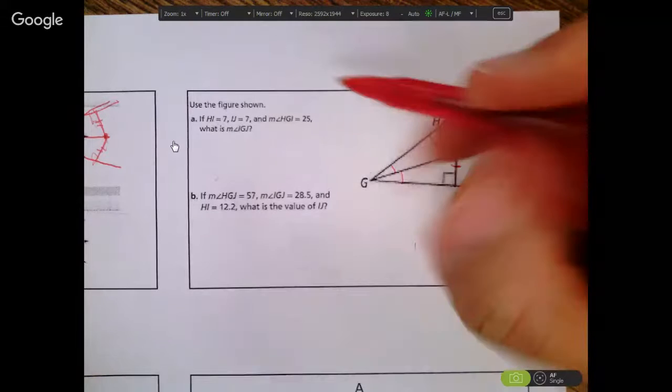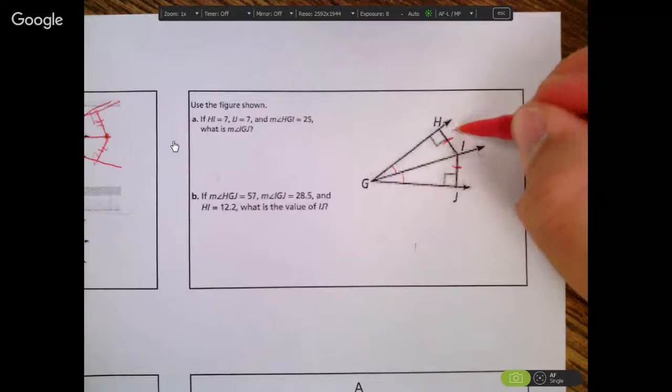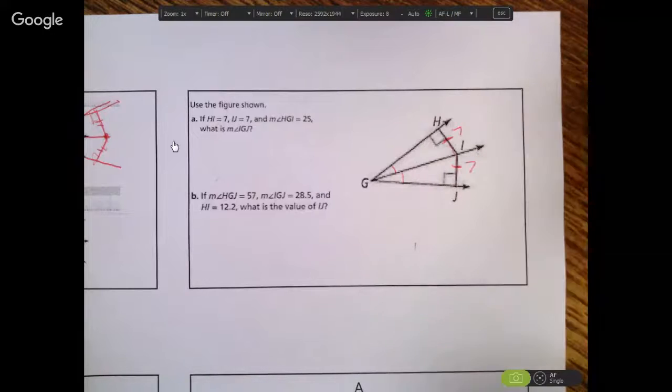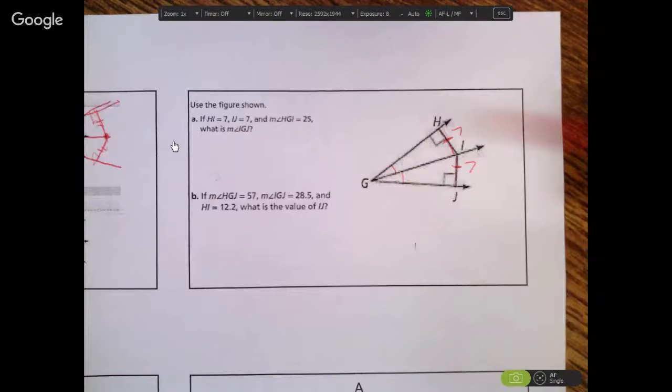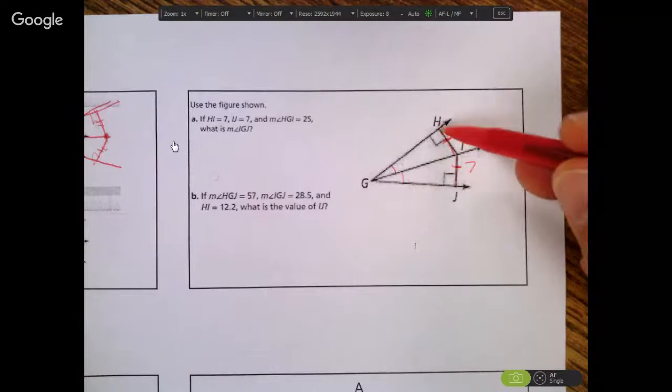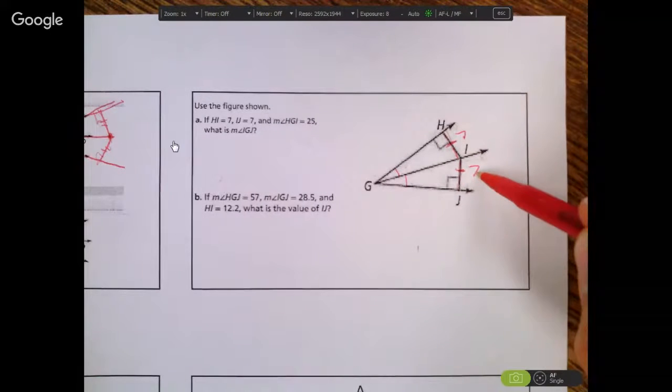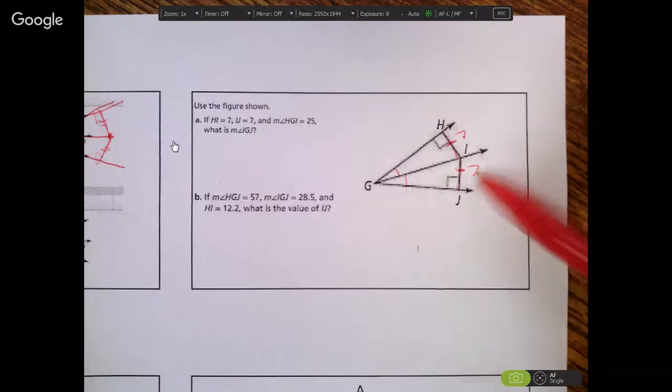So if HI is 7, they told us that. If HI is 7 and IJ is 7, then that information tells me, because these are the same, that these angles have to be the same, okay? If this was an 8, then those angles wouldn't be the same. And this is how you might construct something on like a baseball field, where you know that if this was 6 and this is 7, you might go, it's not quite right.